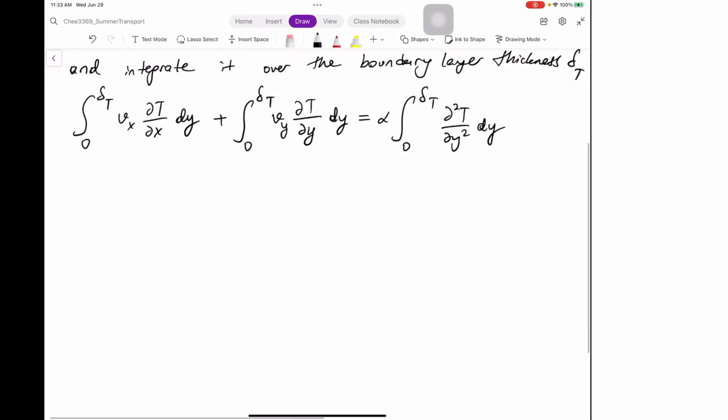Since this is very similar to the velocity equation, we can use exactly the same tricks that we used for the momentum transport. We have strong belief that this integral method is going to work just because we know that it works for the momentum case.